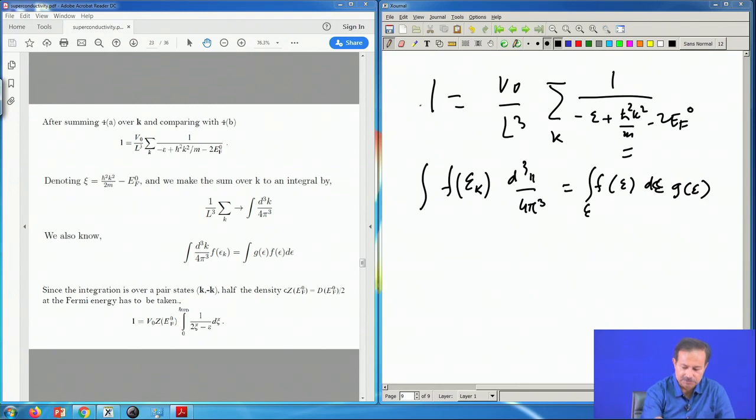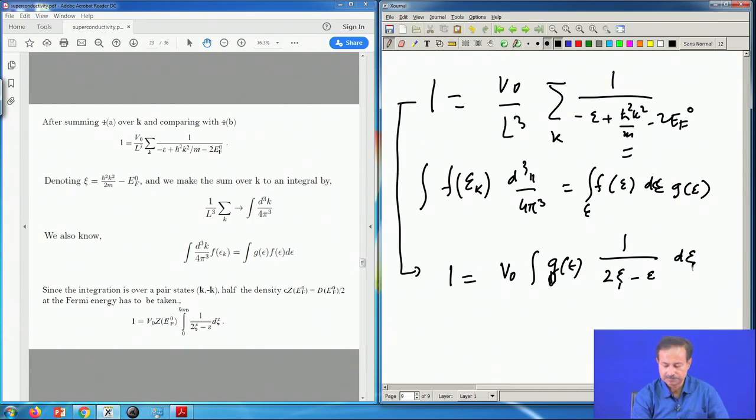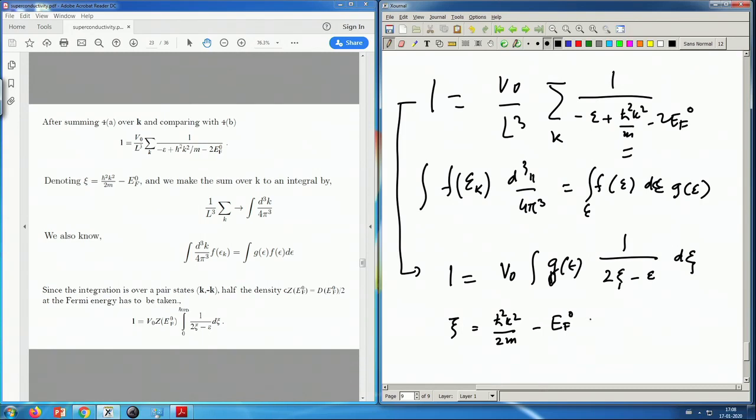Okay. So, that means this equation now becomes 1 equal to V0 integral g of epsilon 1 by twice xi minus epsilon d xi, where xi is defined as h cross square k square by twice m, which is epsilon k minus E_F0.